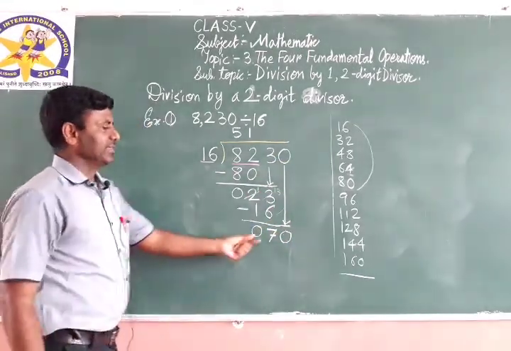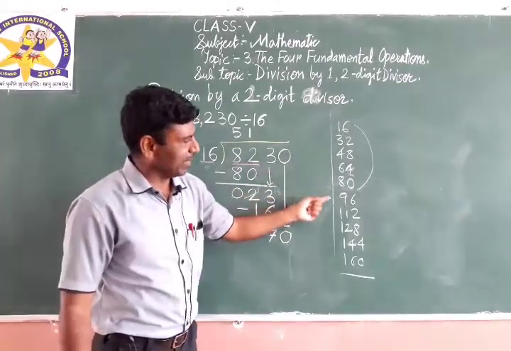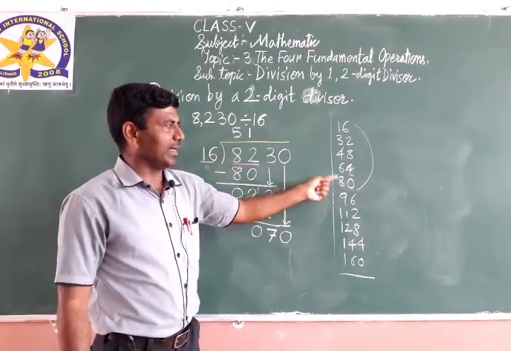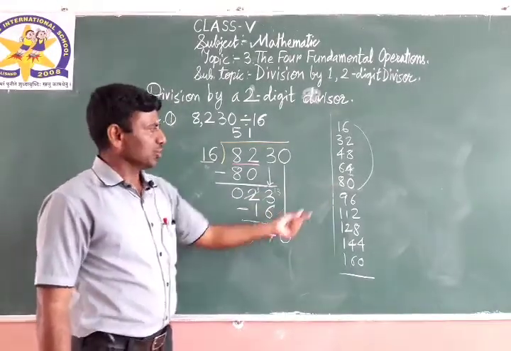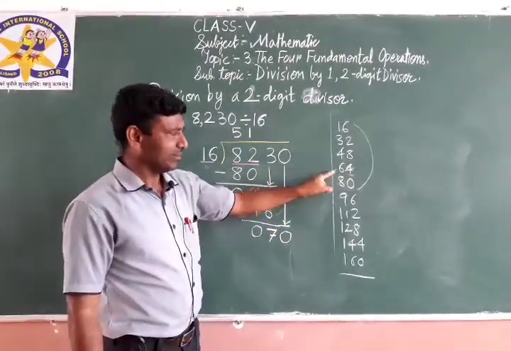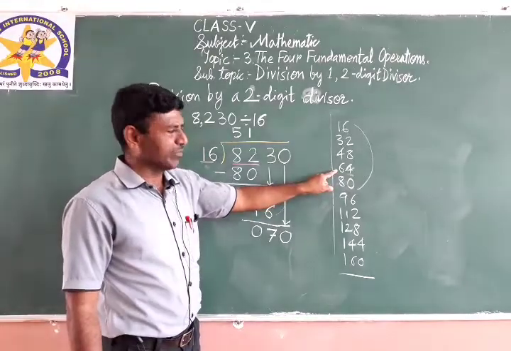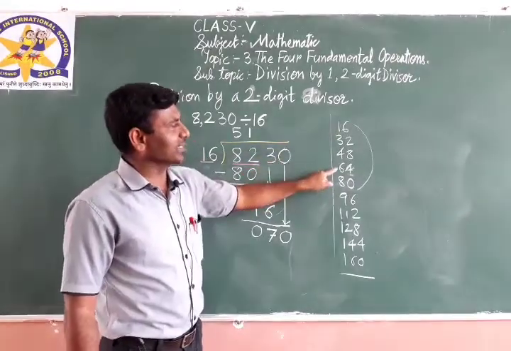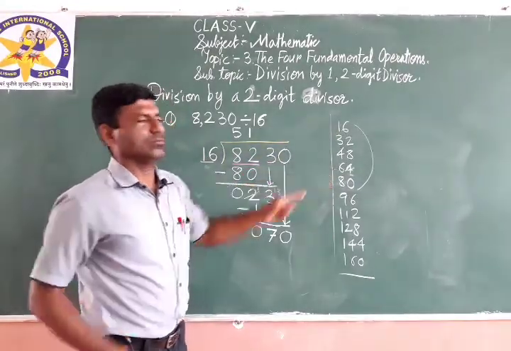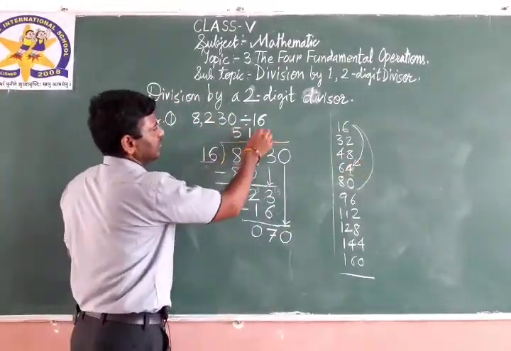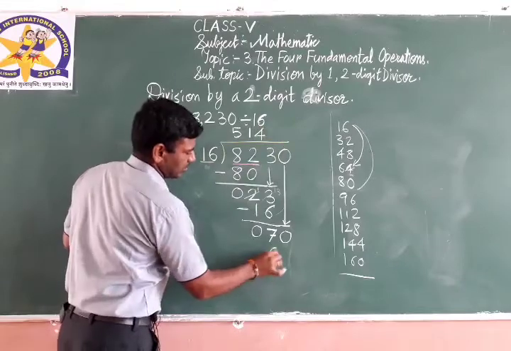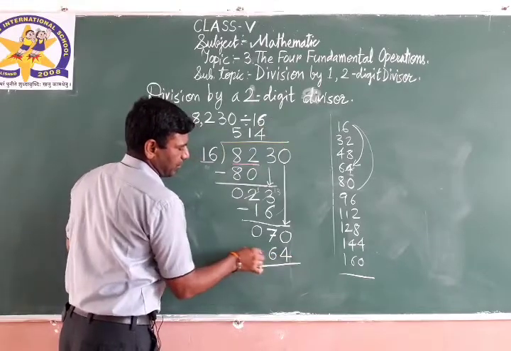Now 70. Is 70 in the 16 table? No. 80 is there, 64 is there. 80 is greater than 70, so take the number before, 64. So 16 times what is 64? 16 4s are 64.